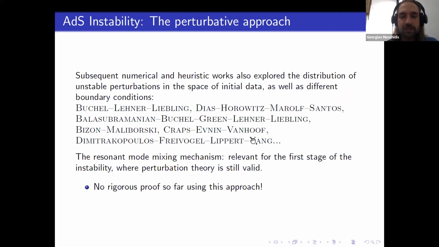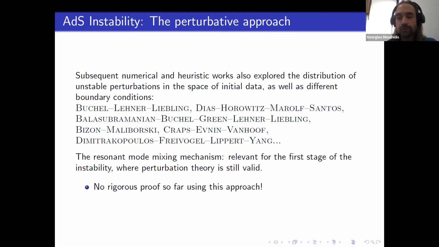So here I'm just listing a few of those names. But let me stress the following: all those works, and the work of Bizon and Rostworowski that I described before, are heuristic, based on this perturbative approach. And of course, a perturbative approach can only be turned into a rigorous approach in the first stage of the instability, when the spacetime is still close to AdS and therefore can be seen as a small perturbation of that.